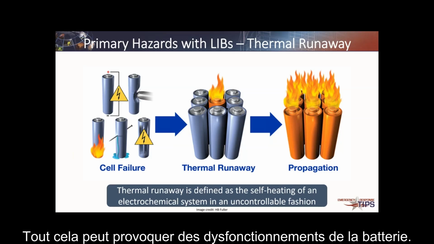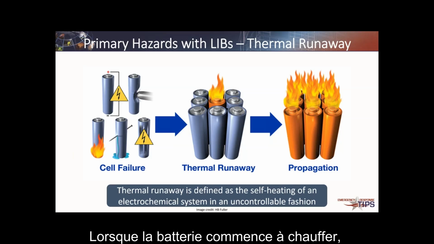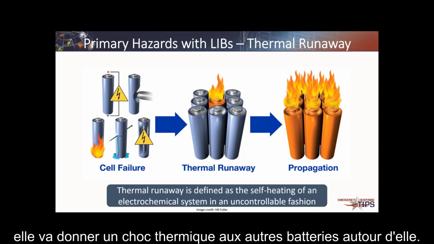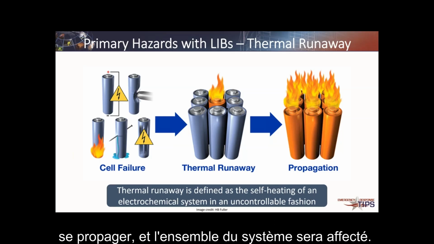Any of those types of things can cause the battery to go bad. And as that battery starts to heat up, that's going to start to give all the other batteries around it a thermal insult. And as those batteries heat up, you're going to see that same thing happening throughout, and you're going to propagate that entire system through.